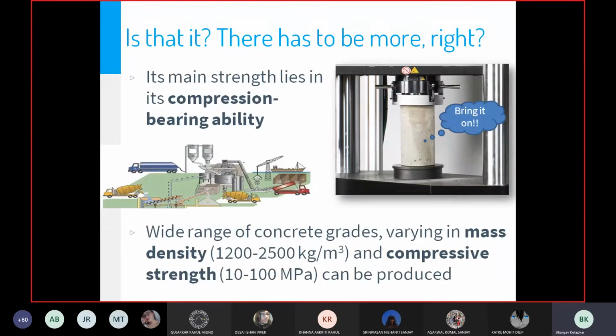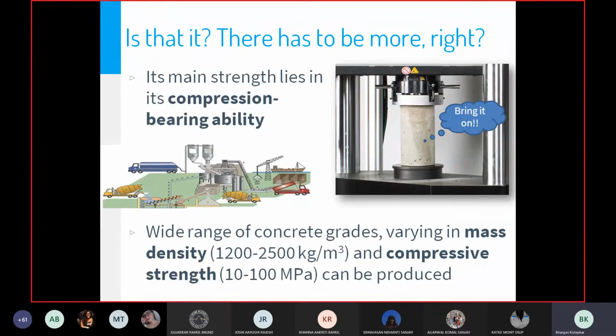And then as we progress upwards, we reduce the grade, say from M70 to M60 and then from M60 to M50. The thumb rule that we follow is that for the lower one third of the structure, we have a higher grade of concrete. Then for the middle one third, we have a lower grade of concrete, say M60. And then for the top one third, we have the lowest grade of concrete, say M50.